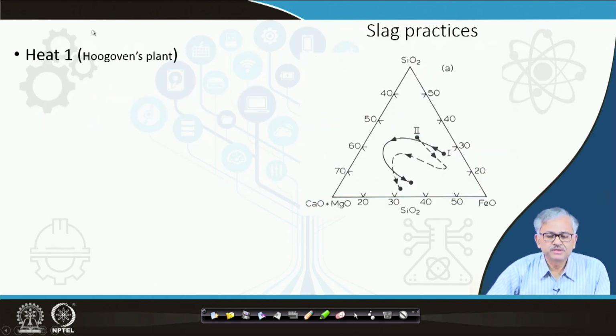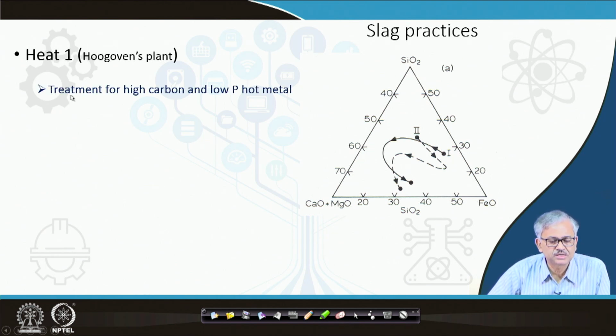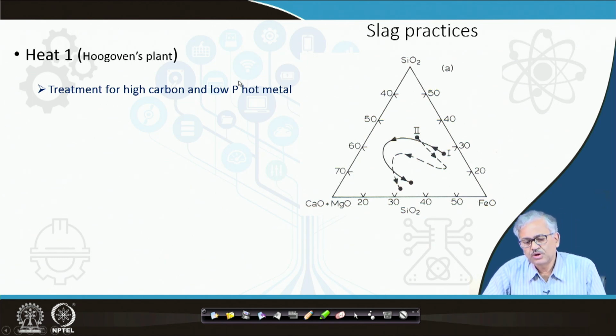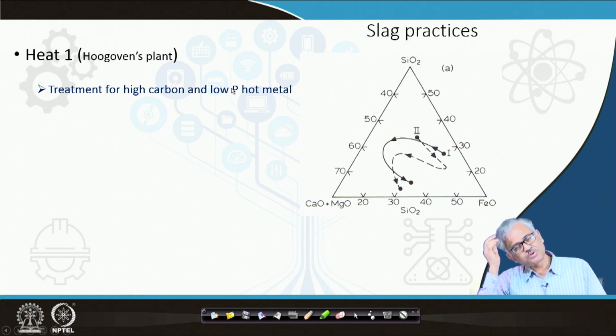Okay. So now I will discuss the slag practices, and first is the heat one, the Hugoben's plant. This slag practice is basically the treatment of high carbon and low phosphorus hot metal. Low phosphorus means the phosphorus percentage is say less than 0.1%.